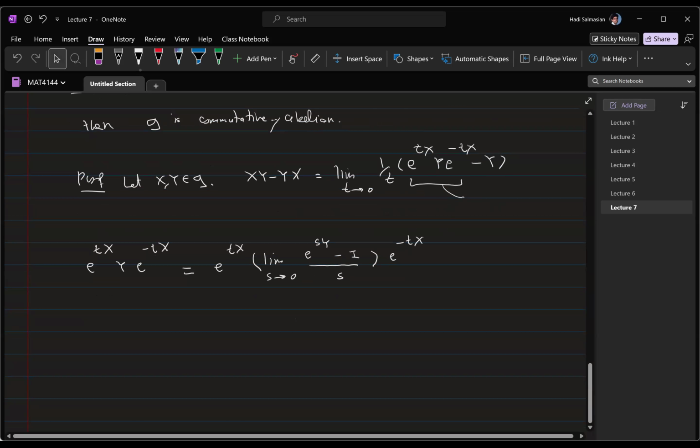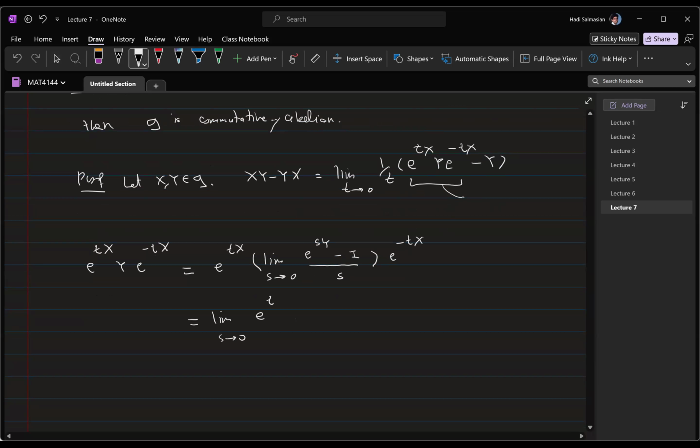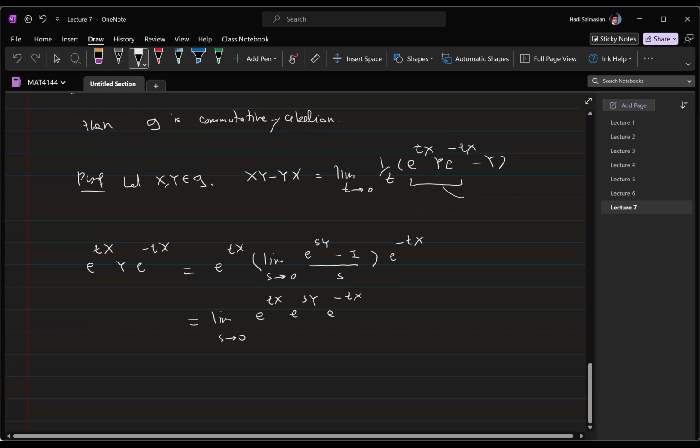So this is the limit, now t is fixed, right? So this is the limit as s goes to 0 of e to the tx, e to the sy, e to the minus tx minus identity divided by s.